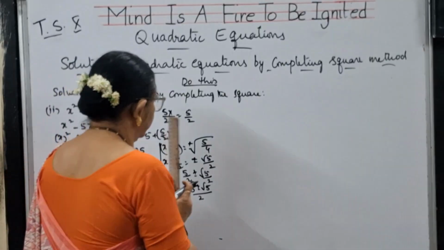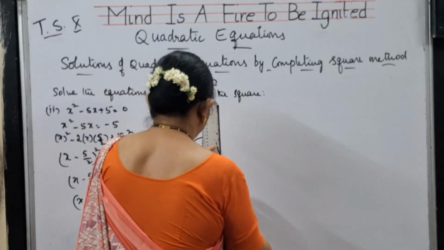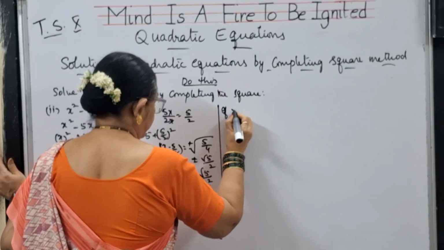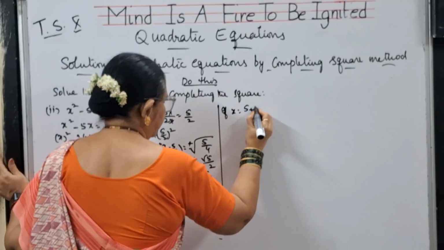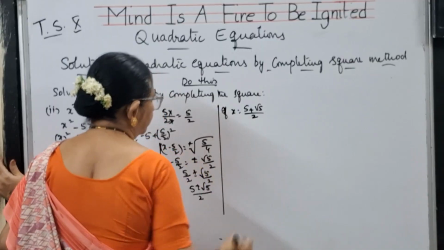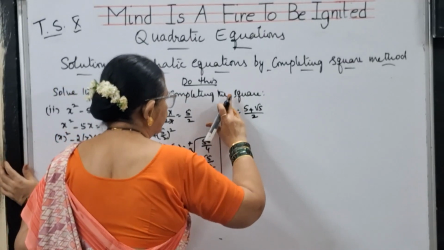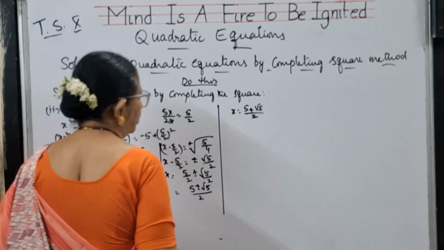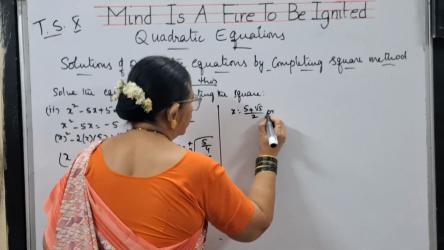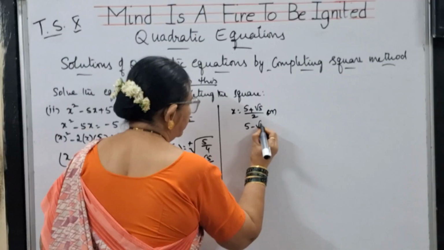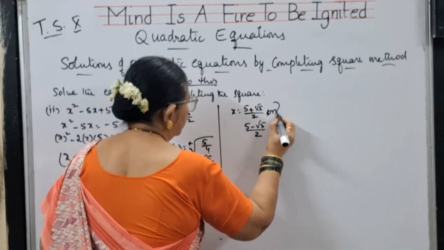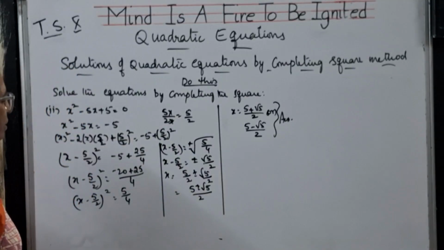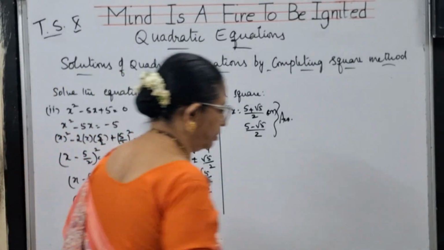So here you can take the answer: x is equal to 5 plus root 5 by 2, or you can even write it as 5 minus root 5 by 2. These two will be the answers for this bit, children. This is second bit. Please note it down.